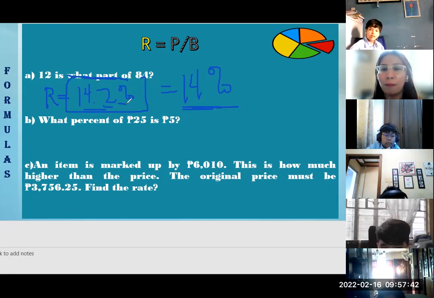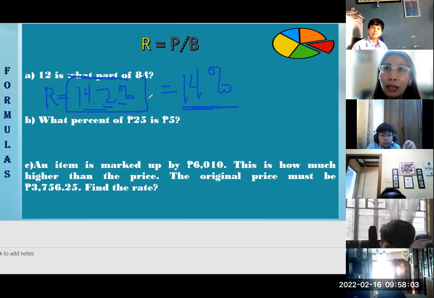Always remember when you are in senior high school or in college, for your answer to be accurately correct, always use the 2 next digits ng decimal. Pero syempre, depending on the instruction, depending on the teacher, kung ano mas gusto niya na hinihingi.